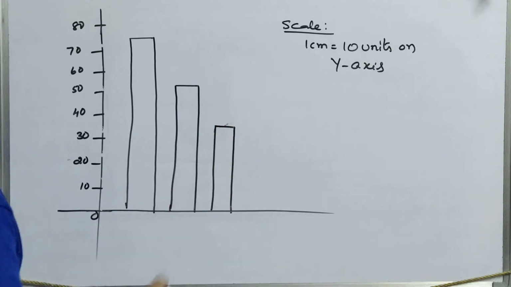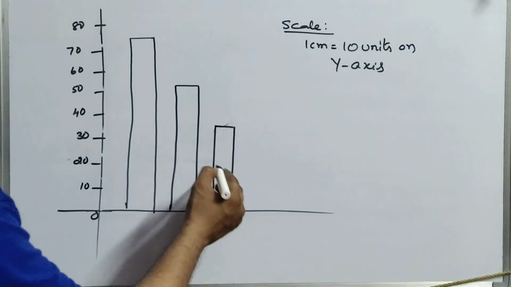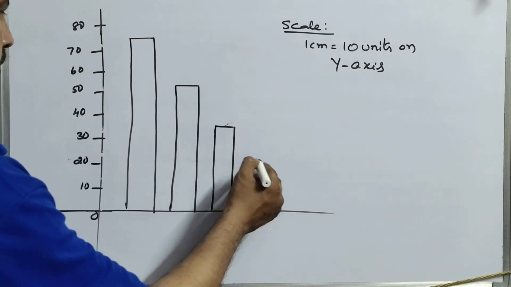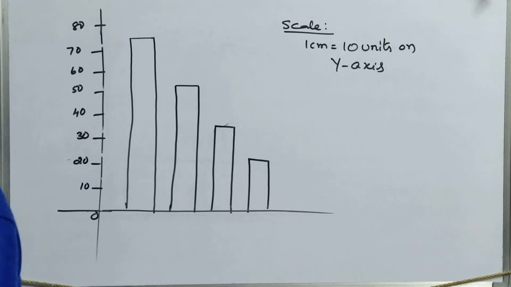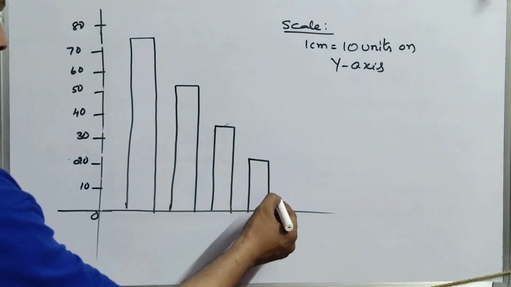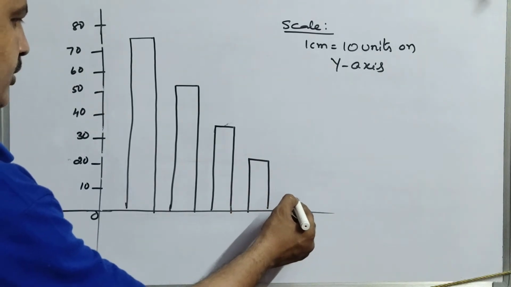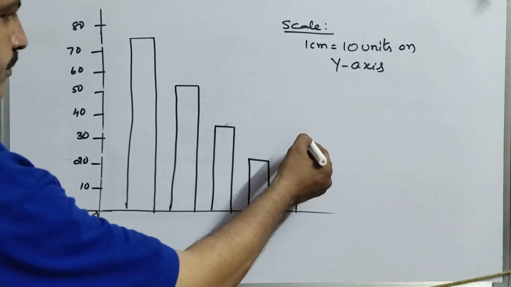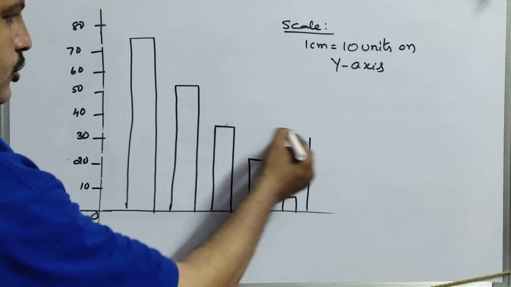Like this we can draw the remaining: 29 is just one line below 30. Next 10 is given, so we draw exactly 10, and 37 again is the same, so these two will be the same.